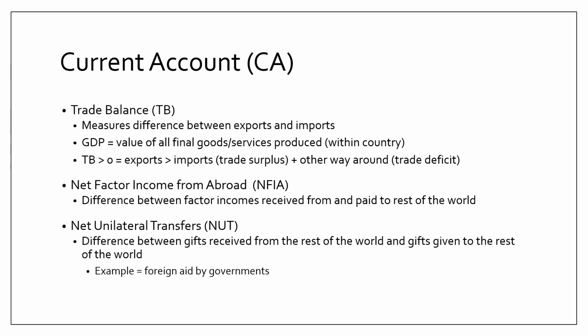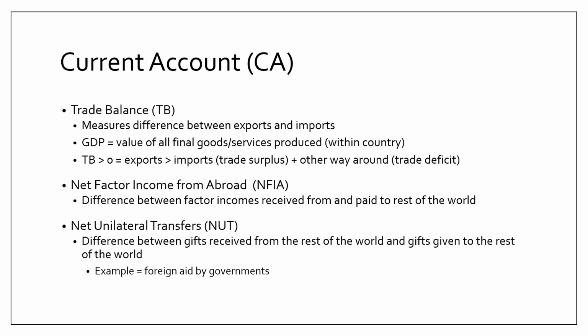GDP is the value of all final goods and services produced within a country. The trade balance is also called net exports. If the trade balance is larger than zero, exports are larger than imports, which equals a trade surplus. If the trade balance is smaller than zero, exports are smaller than imports, which equals a trade deficit.